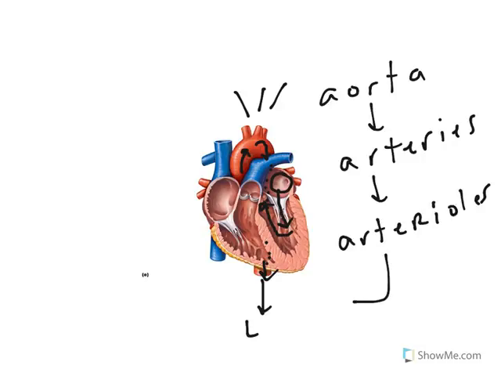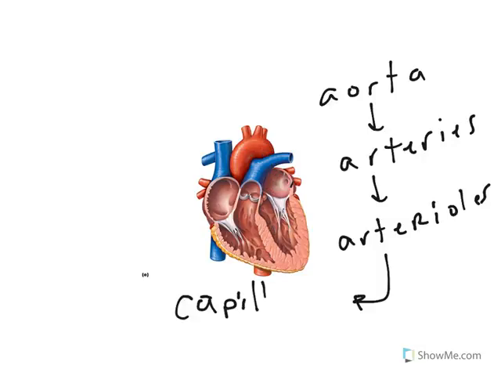And then these arterioles will bring the blood into the capillary beds of the body, the systemic capillary beds, where again now the oxygen will be leaving the bloodstream and going into the body tissue, and it will be picking up CO2. So it's the exact opposite flow of diffusive processes that happen in the lungs.